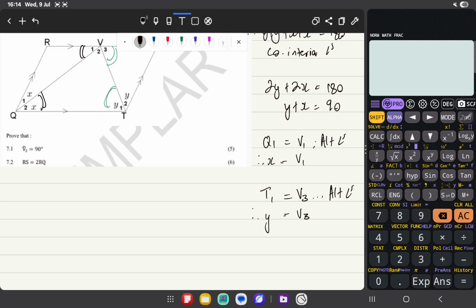And then after you have that, you will say V1 plus V2 plus V3 equals 180 degrees. The reason will be angles on a straight line.